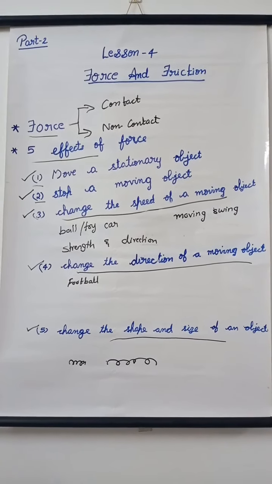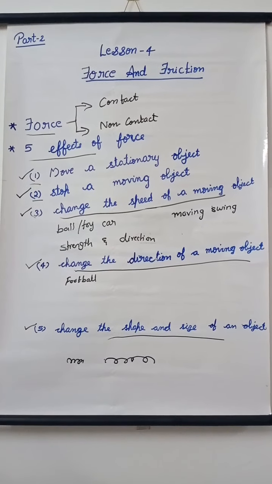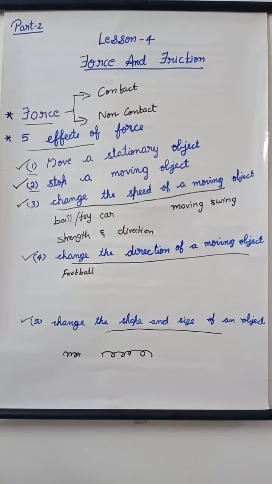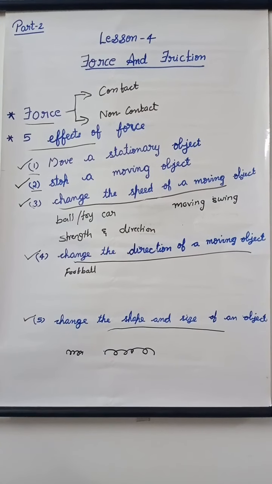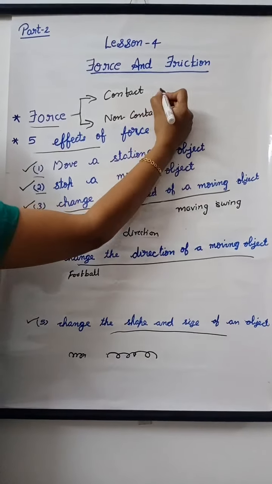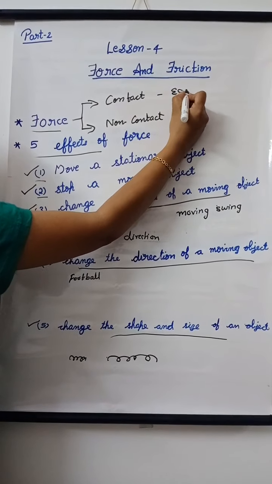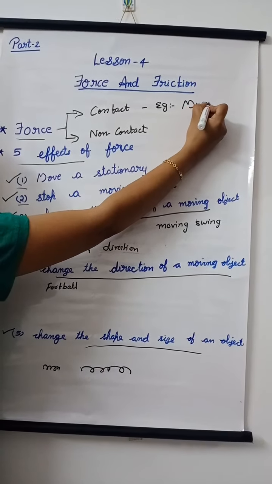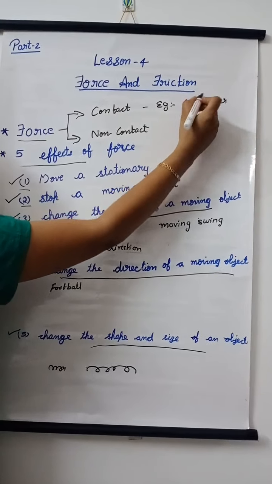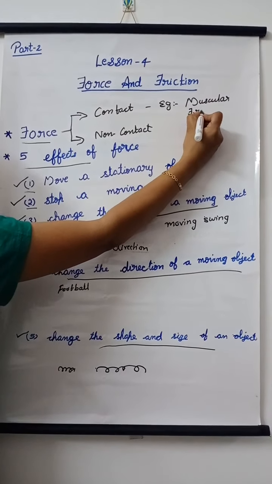The contact force can be defined as the force that acts on bodies only when they are in contact with the body. Examples for contact force are muscular force and frictional force.